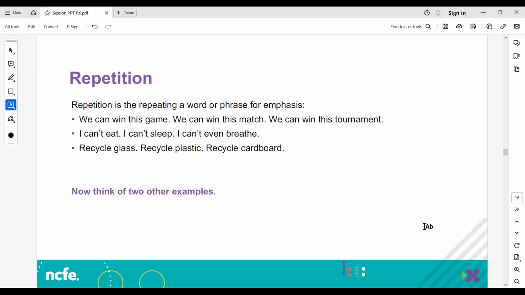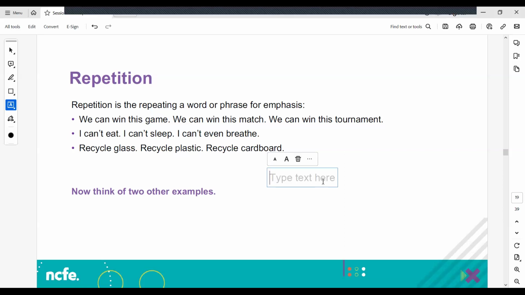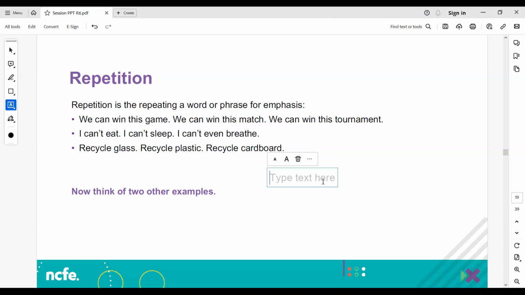Okay. So another, does anyone have an example? There's a famous quote from a political speech describing government: of the people, by the people, for the people.